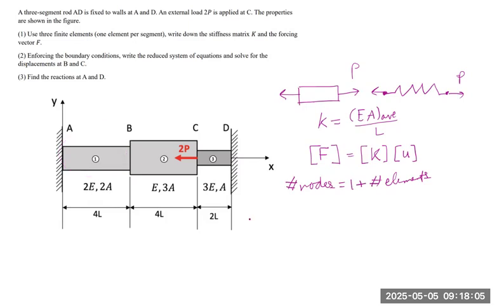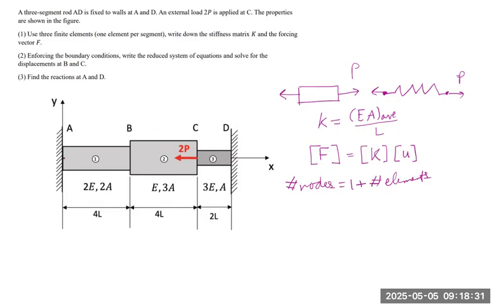For instance, we can divide our rod like this, where we have one, two, three, and four elements. But here they want us to use three elements, and they explicitly said to use one element per segment. So that's what we're going to do.